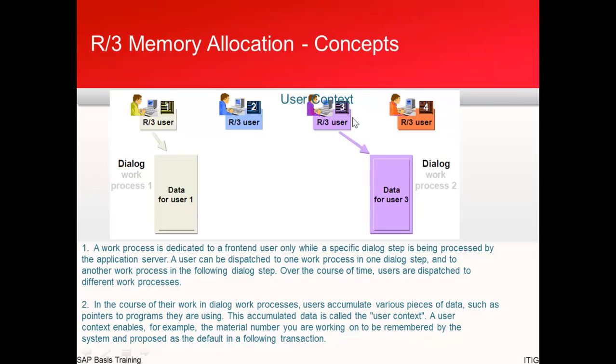So just take note of this key concept: whenever a user connects, he will be allocated a user context. So that is very important. The user context is the user's authentication information, the roles associated with the user, basically the information associated with the objects of users.